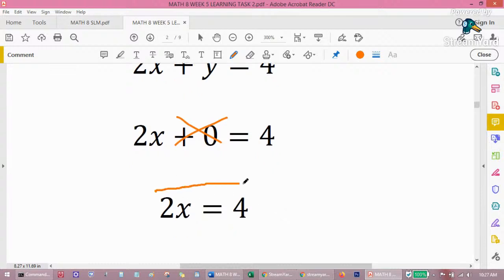So, mayroon tayong 2x is equal to 4. So, ang hinahanap natin is x, but may coefficient siyang 2. So, kailangan i-divide natin to ng 2 at i-divide din natin ng 2. I-divide natin both sides ng 2 para lang mawala tong 2 na to at hindi magbago ang value ng equation.